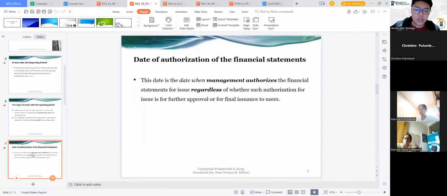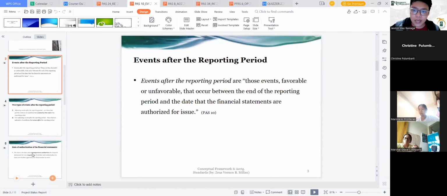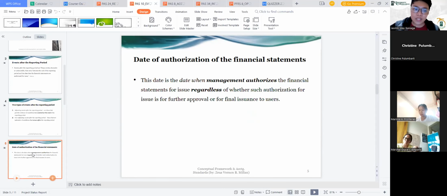The next date that we need to remember, as you can see from slide number 3 a while ago, from the definition of events after the reporting period, is that these are events that occur between the end of the reporting period and the date the financial statements are authorized for issue. So the item for number 5 is the date of authorization of the financial statements.